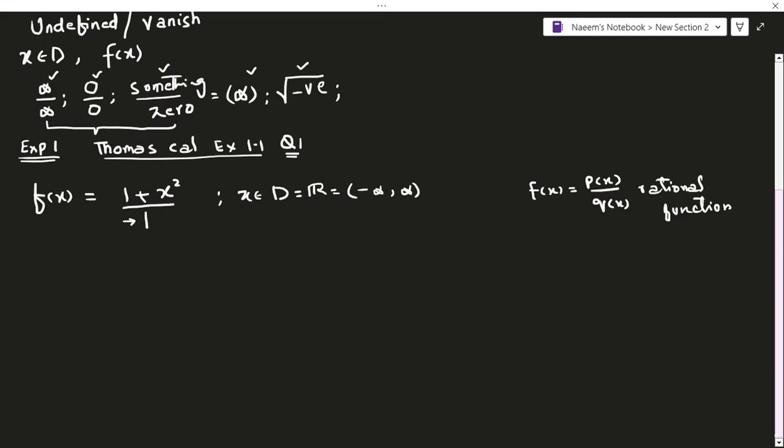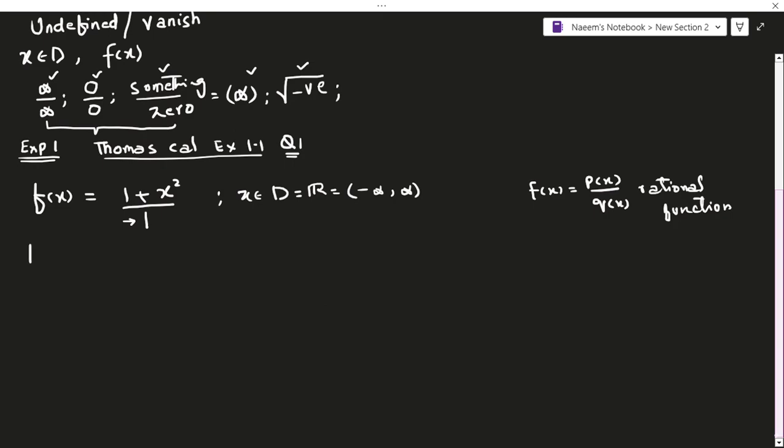Lastly, there is a square root, but our f of x does not contain any square root. So whenever you put x, negative or positive, whatever x, this will not get the form of square root of some negative number. So you can plug any x from this set R in this function, and this function will not vanish. We cannot find any x where this function is undefined. So we say that all real numbers are the domain of this function.